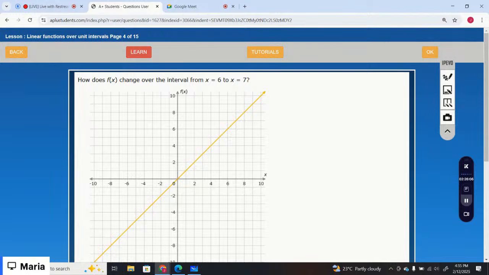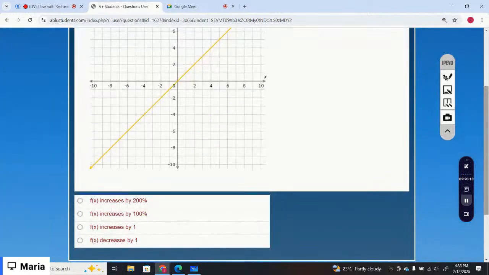How does f of x change over the interval from x equals 6 to x equals 7, which is the correct option?